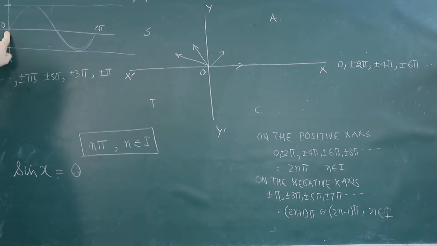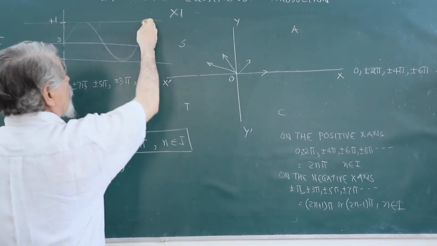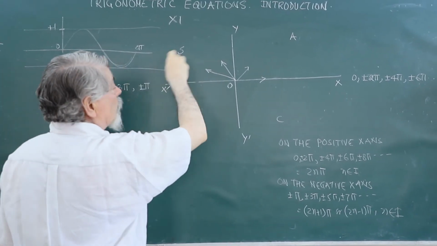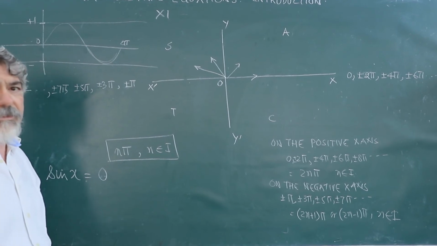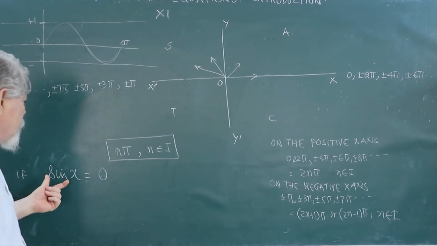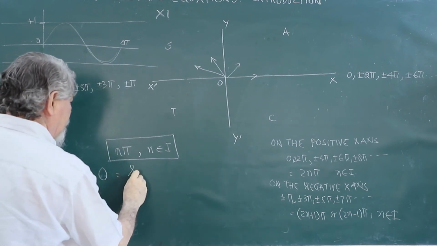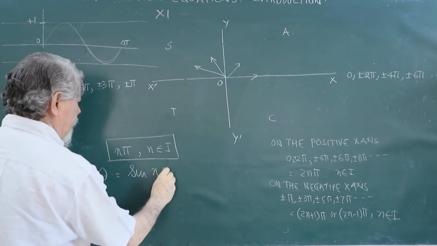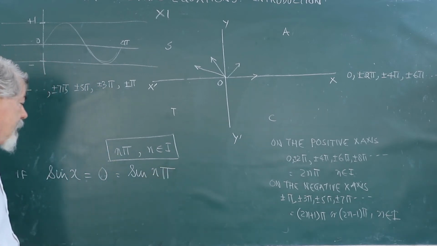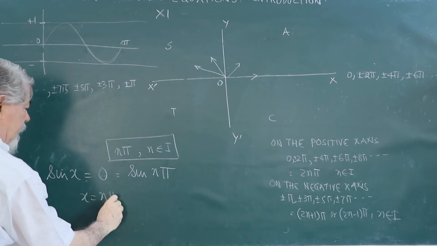Sine 0 is 0, sine pi is 0, sine 2 pi is 0, and on this x-axis all these values are the roots of the sine. So sine x is 0 means I can write sine n pi. So x is equal to n pi.